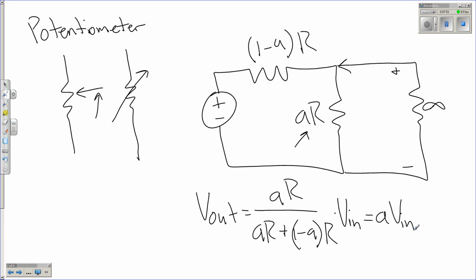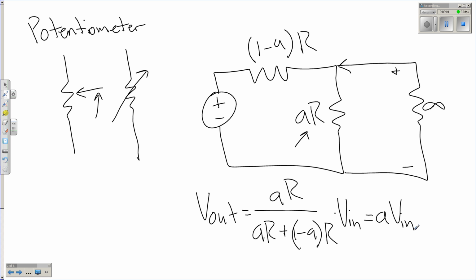So think about your car stereo. If you have an old car like me, you've got a nasty little knob on there. You twist it one way, volume goes up. Twist it the other way, volume goes down. All that is a potentiometer. When we twist it all the way to max, we're setting A to be 1, or something very high, and in that case our Vout is going to be equal to our Vin.